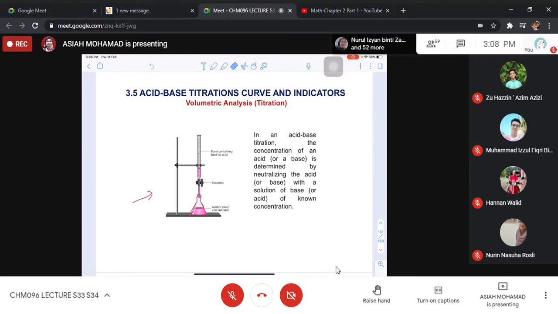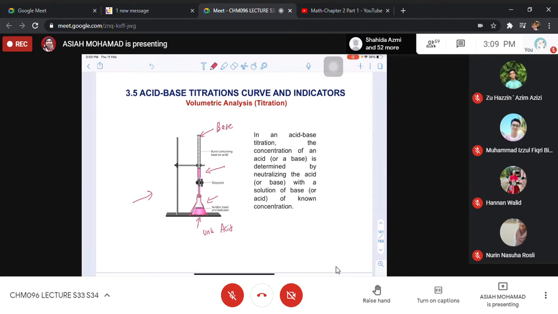Let's say you put acid here, unknown concentration of acid. Of course, you then have to put base with known concentration in the burette.